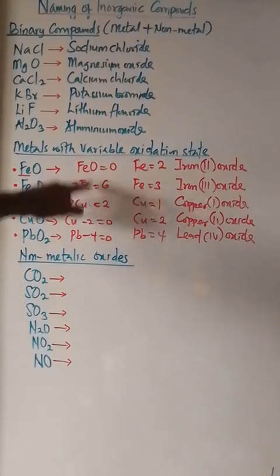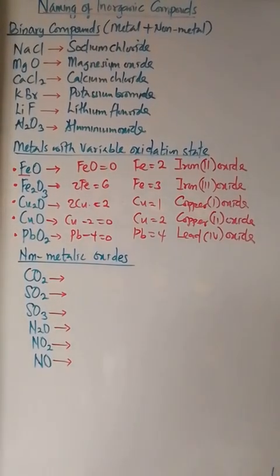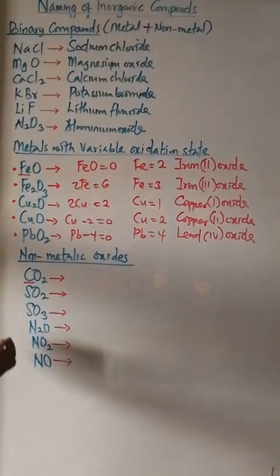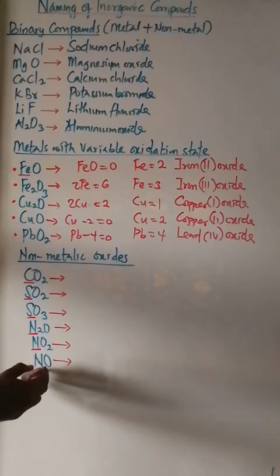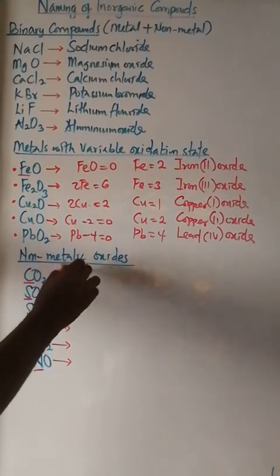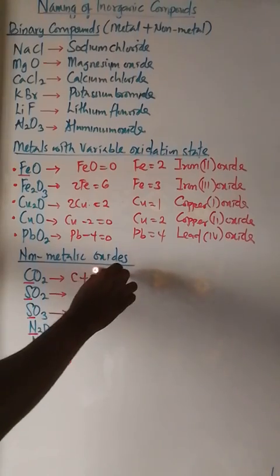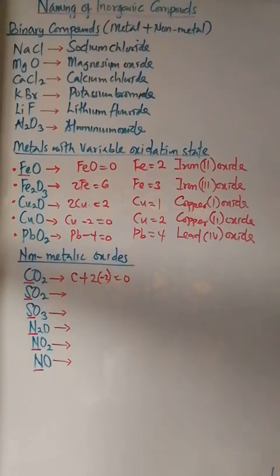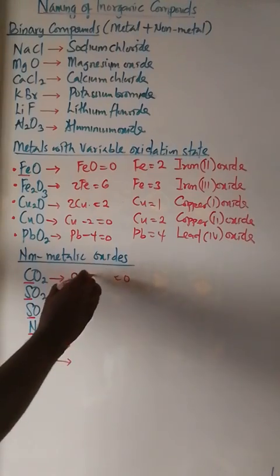Alright, the same thing we did here, we are going to repeat here. So for example, for carbon, let's get the oxidation state of carbon. We have sulfur here, nitrogen here, nitrogen, nitrogen here. Let me do one, then you do the rest yourself. So here we have carbon plus 2 oxygen equals 0. Oxygen is minus 2. 2 times minus 2 is minus 4, equals 0.